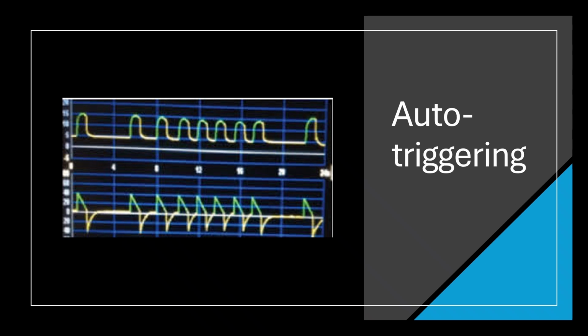Auto triggering is inappropriate triggering of ventilation when the patient is not attempting to initiate a breath, and it may occur in hyperventilation, even if the patient is heavily sedated, and also in case of significant air leak and circuit condensation, and it's especially seen in patients where we are delivering chest compressions during CPR. That time also the ventilator will be auto triggering the breaths.